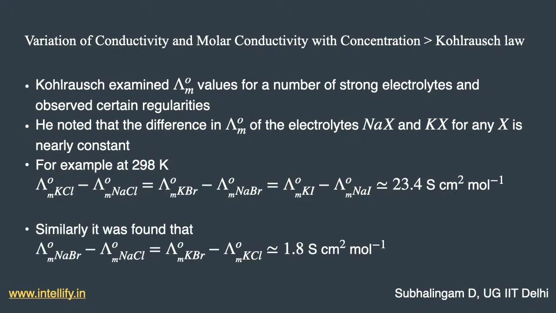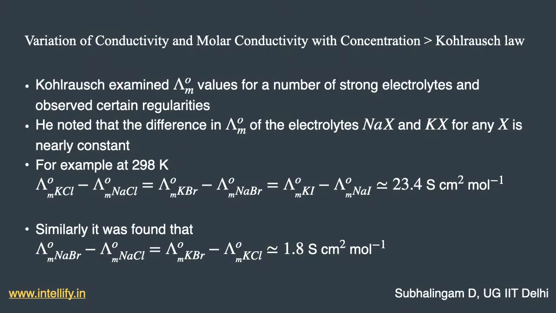Similarly, it was also found that the difference in limiting molar conductivity for NaBr and NaCl, and for KBr and KCl, is 1.8 Siemens centimeter square mole inverse. That is, if I take NaBr and NaCl, the Na is the same and we are changing Br and Cl, and if I take KBr and KCl, I am again changing Br and Cl, the K is the same.